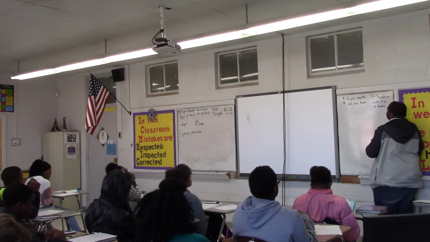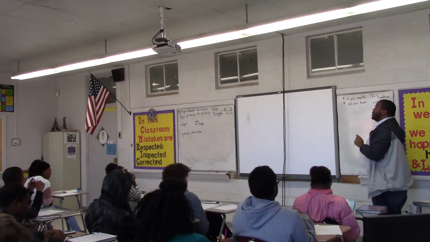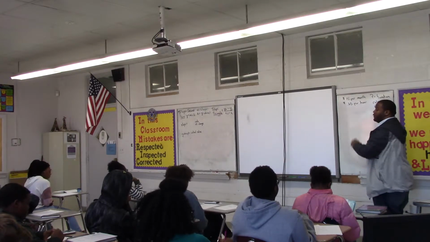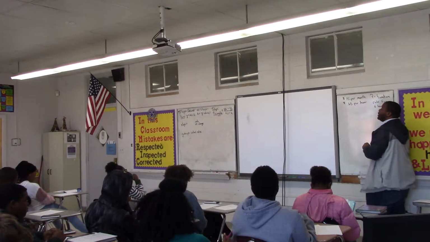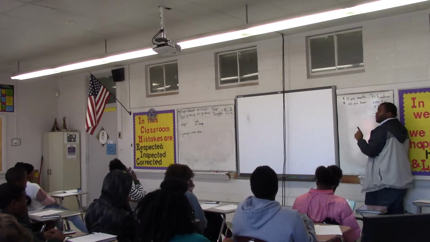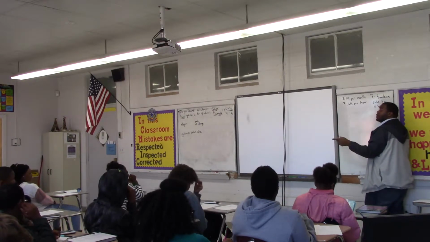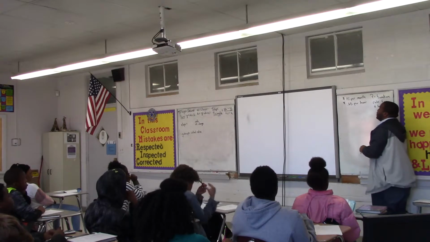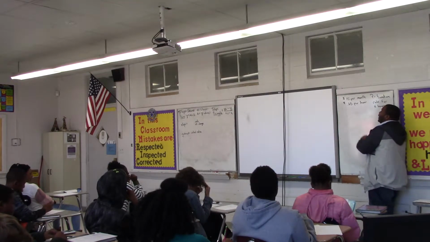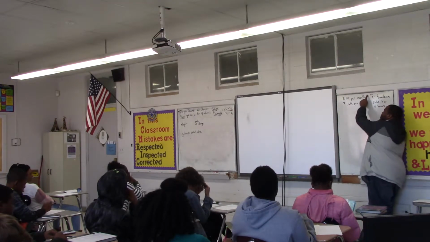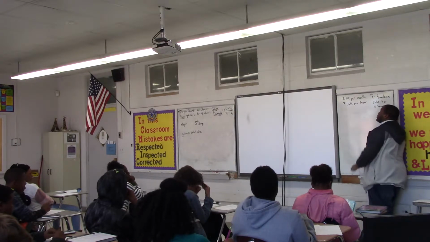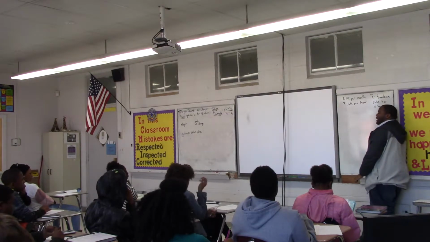All right. Now, what they want us to do is make our function rule look like the slope-intercept form, right? And with the slope-intercept form, you have to have both what? Slope and y-intercept, right? So we know that we're going to have a variable side here, right? So we got these two things. We got to pick which one of these is going to get our variable. Which one of these is going to get our variable?